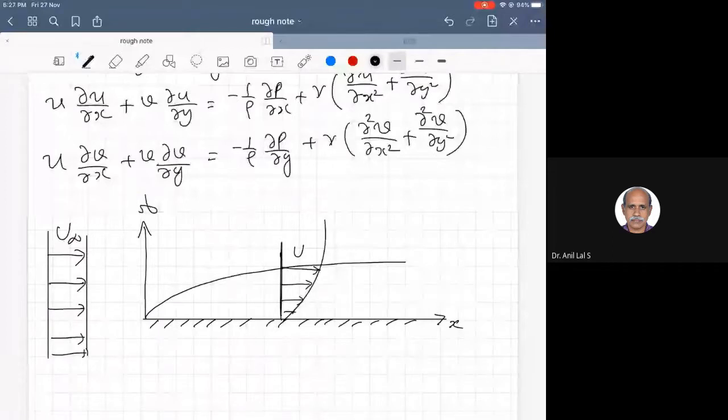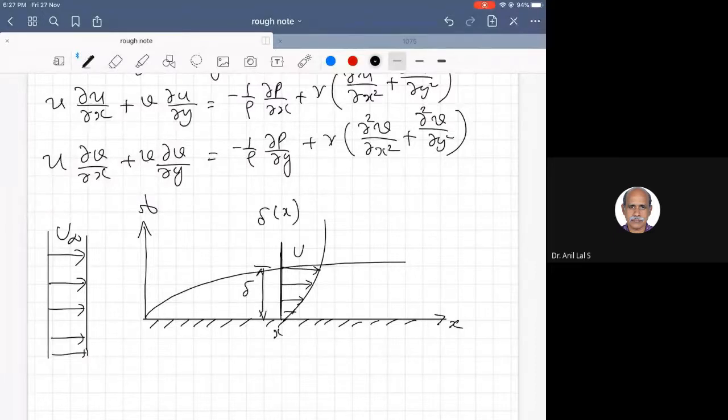And this kind of a boundary layer sets up, and this distance is delta, and delta is a function of x. So all those are the features of the boundary layer, the boundary layer thickness.